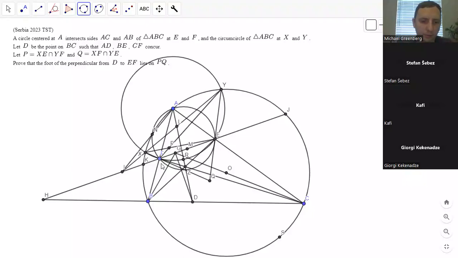So maybe that's just an angle chase. Inversion might help too.